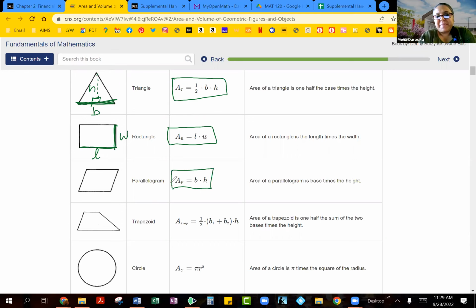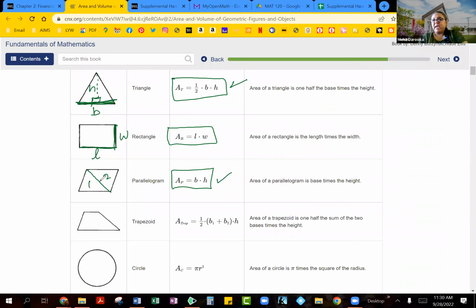Parallelogram also is base times height, but you will see for a triangle, we did 1/2, whereas for a parallelogram, it's base times height. And the reasoning is I can actually drop a diagonal here in my parallelogram, and you will see it creates 2 triangles. So that's why the area of a triangle is basically 1/2 of the area of a parallelogram, because the idea is you can take 2 triangles and fix them together to create a parallelogram.